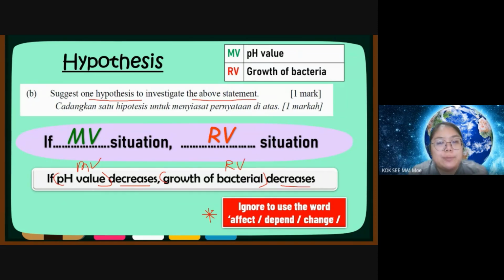No, this is not a hypothesis sentence. And the last one, you say change. Some students don't want to say the situation, they say change. If the pH value changes, then growth of the bacteria also changes. Like this, wrong. You must mention the situation clearly. Don't say change. Please take notes. Ignore using these words.